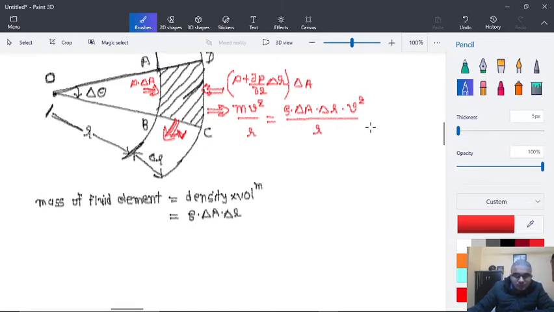Now we will be equating the forces in radial direction. So two forces are away from the center and one force is towards the center.